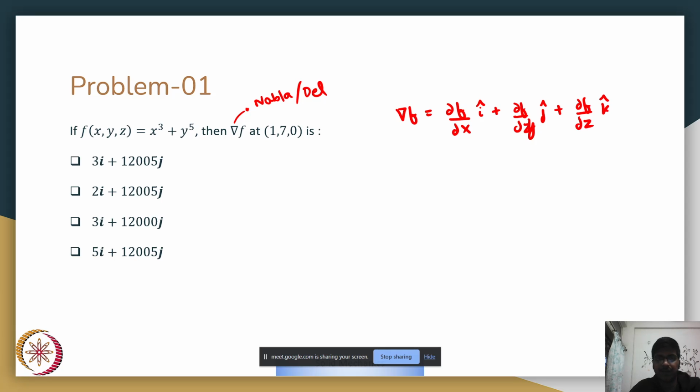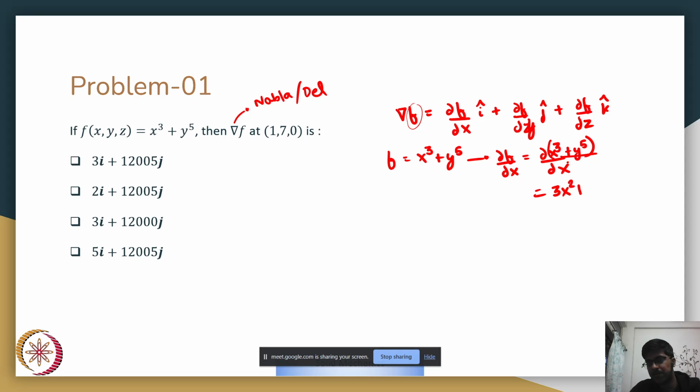So the gradient function takes a scalar field f and gives us a vector out of it. For this particular example, since f is equal to x cubed plus y to the power 5, we can calculate the partial derivative of f with respect to x to be dou of x cubed plus y to the power 5 by dou x, which is nothing but 3x square plus 0.